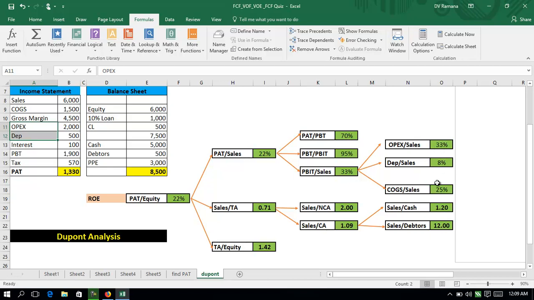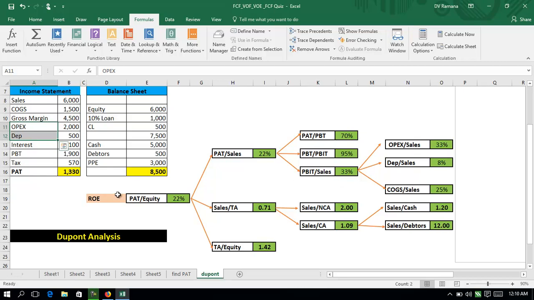But to reduce, it is necessary to examine and compare the performance of a particular company with its past or the competitor to understand whether the company is in line or the efficiency or effectiveness of using the financial resources optimally or not. In the same way, the current asset can be further drilled down, whether sales by cash or sales by debtor, and this is a popular debtor turnover ratio.